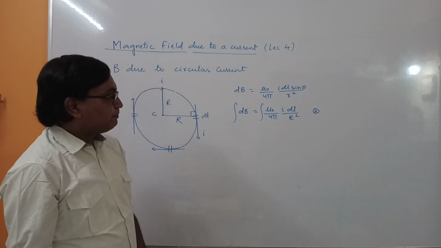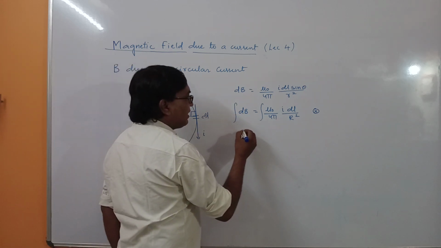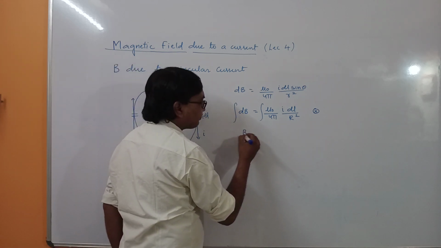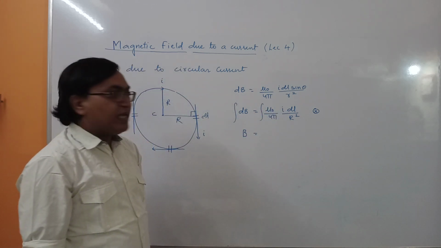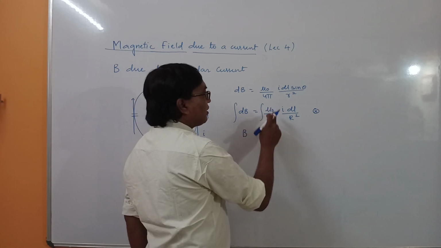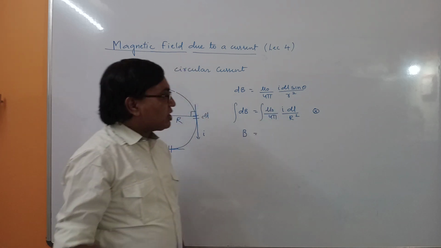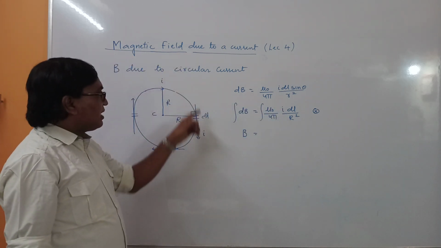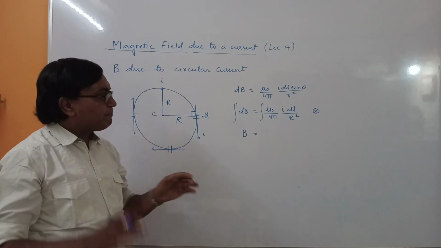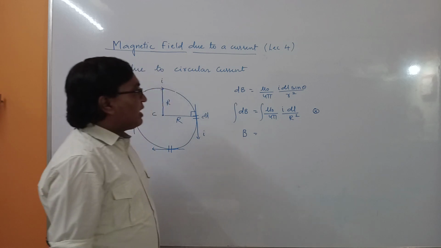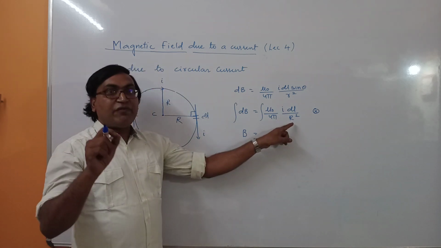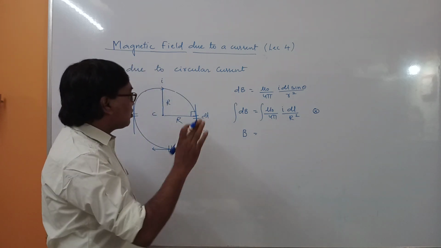So integrate. Now integration of dB is B. Here I will take out constants from the integration sign. Mu naught by 4 pi is a constant. Current flowing in this circular loop is also constant, and the distance from the current element to the point where you are finding the magnetic field is also constant.